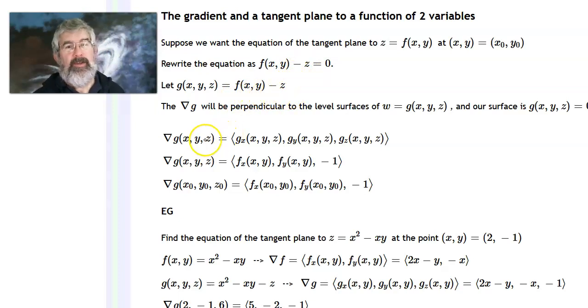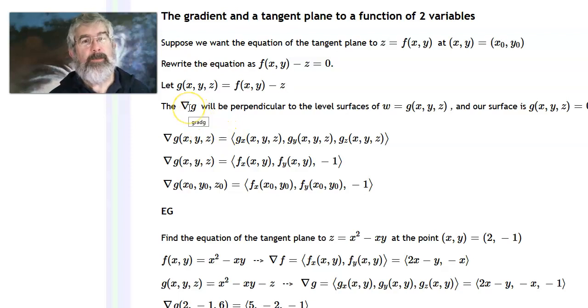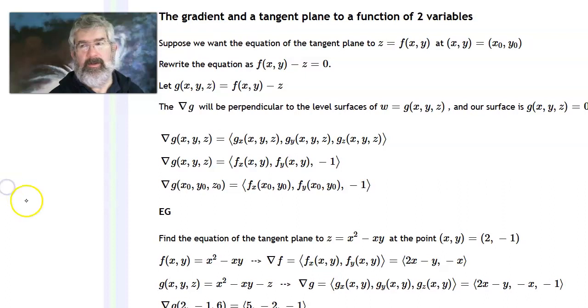The thing is, the gradient of g will be perpendicular to the level surfaces of g, but one of the level surfaces of g is the surface we want, right? Because this is g equals 0. We have the level surface of level 0, and I'm going to move over just a smidge so you can see the 0 there.